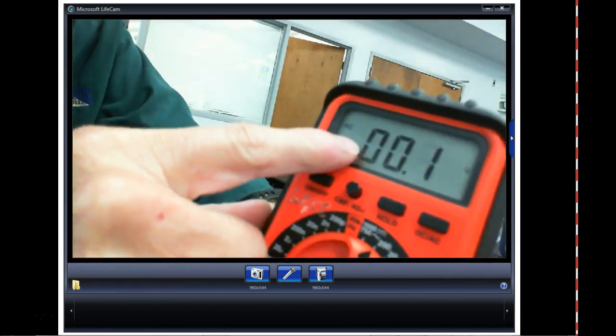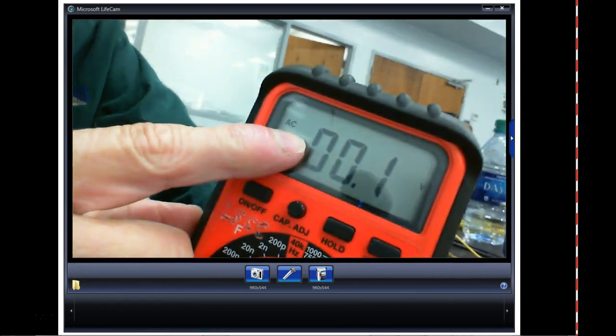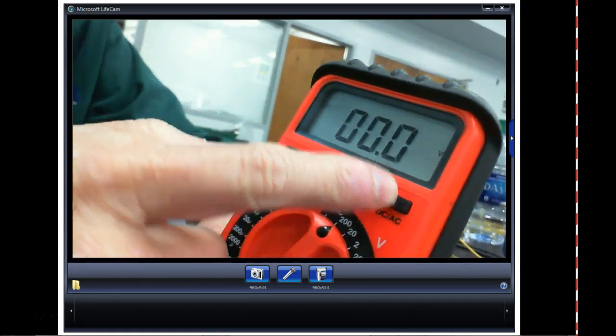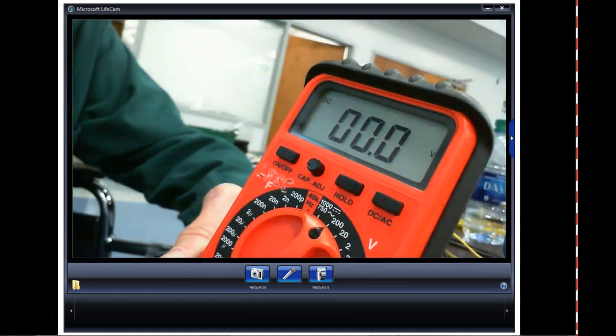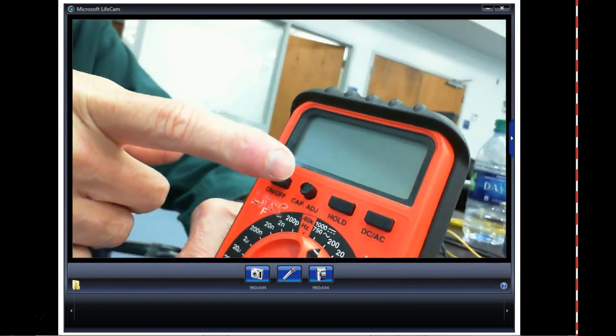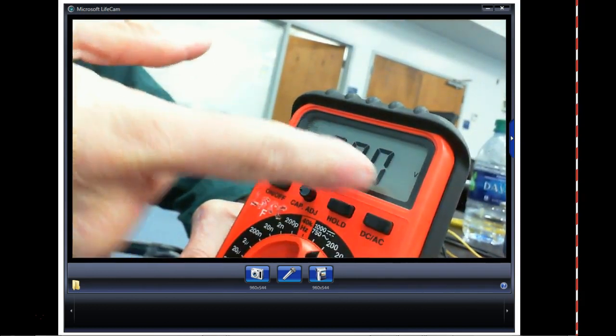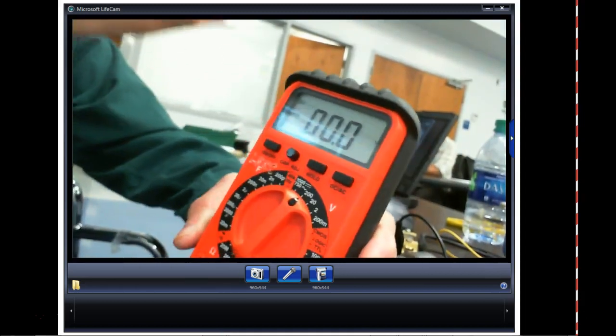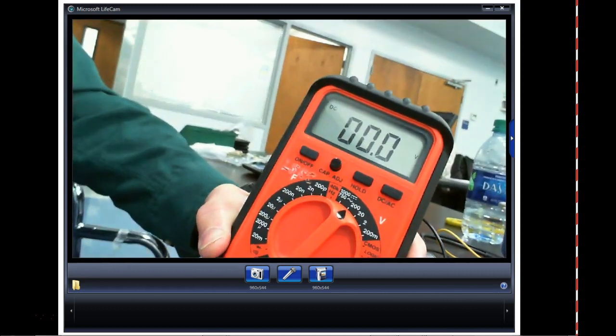And see, automatically it came up to what? AC. And then you got a push button, you got to come over here and press to switch it over. And now I'm going to turn it off and turn it back on. This time it came up to DC. So whatever you measured last on this meter, that's what it comes up to.